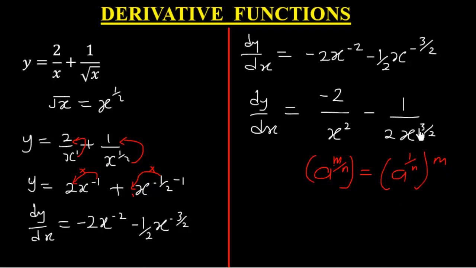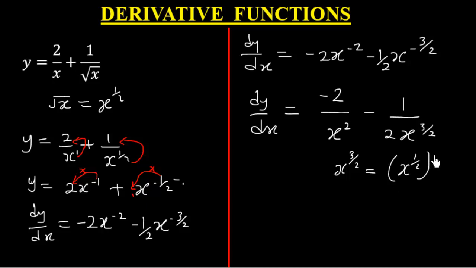So that is the situation we find with this x to the power 3 on 2 here. It means this x to the power 3 halves can be written as x to the power 1 on 2, then I'll bring the 3 out. So I've factored the 3 out, leaving 1 on 2. So this function here can be written as that. So let's move on with that.